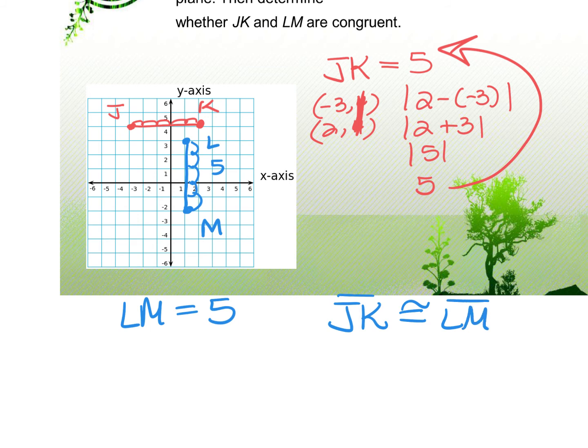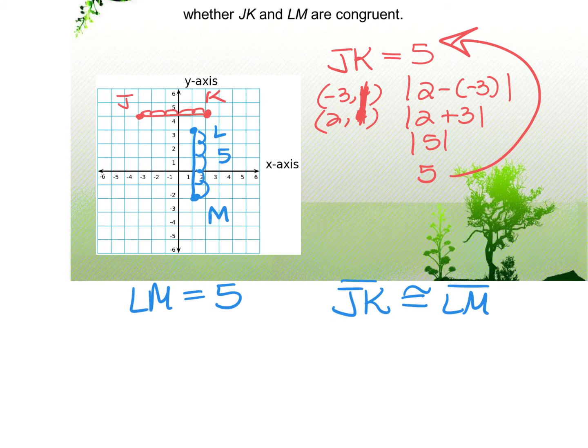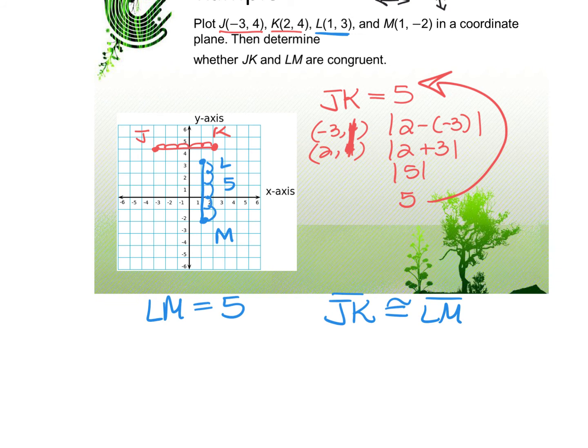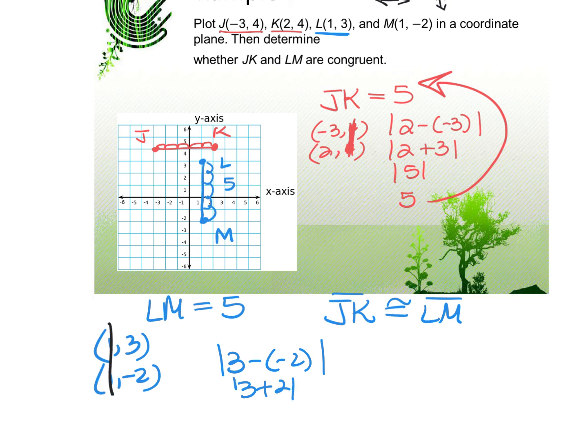But if I didn't have a coordinate plane given to me, then I would have to subtract. So if I subtracted their coordinates, and again, L was 1, 3, and M was 1, -2, get rid of the one that is the same, and now subtract. 3 minus -2, keep, change, flip it, and 3 plus 2 is 5.